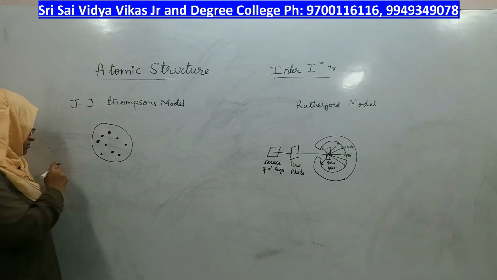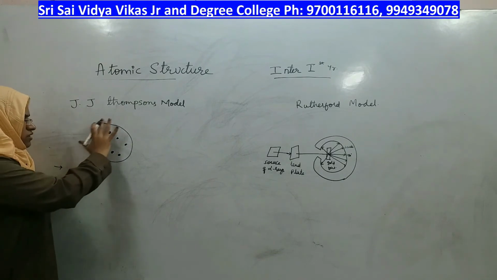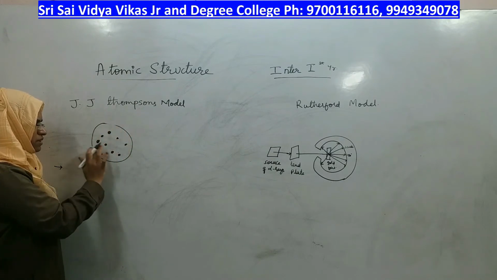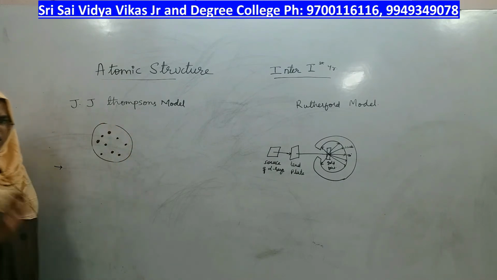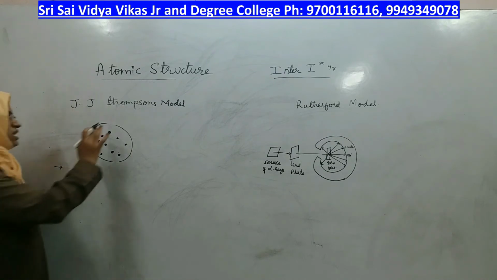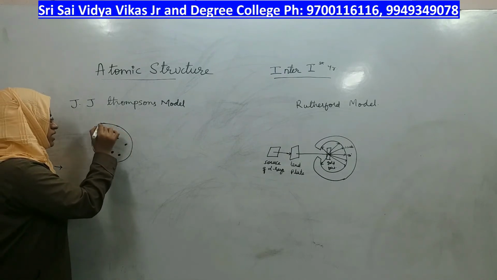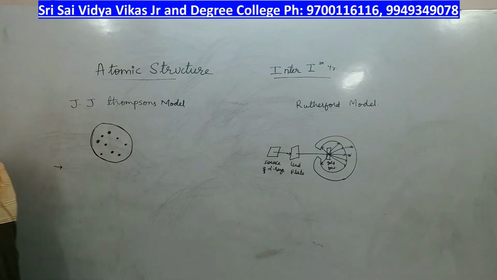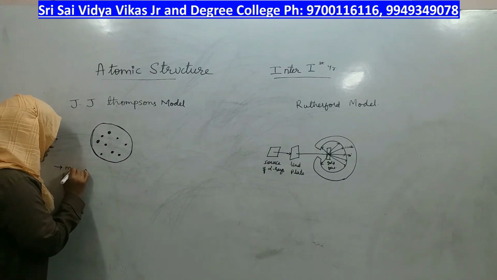According to him, if this is the atom, the total white matter which is present inside is the mass of the atom, which is uniformly distributed inside its boundary. This is the boundary of the atom, and inside this boundary the total mass of the atom is uniformly distributed.